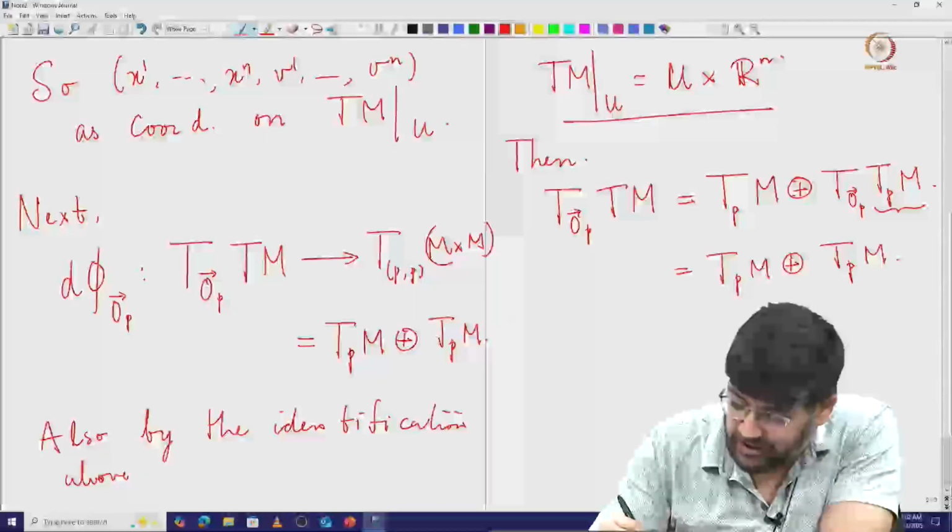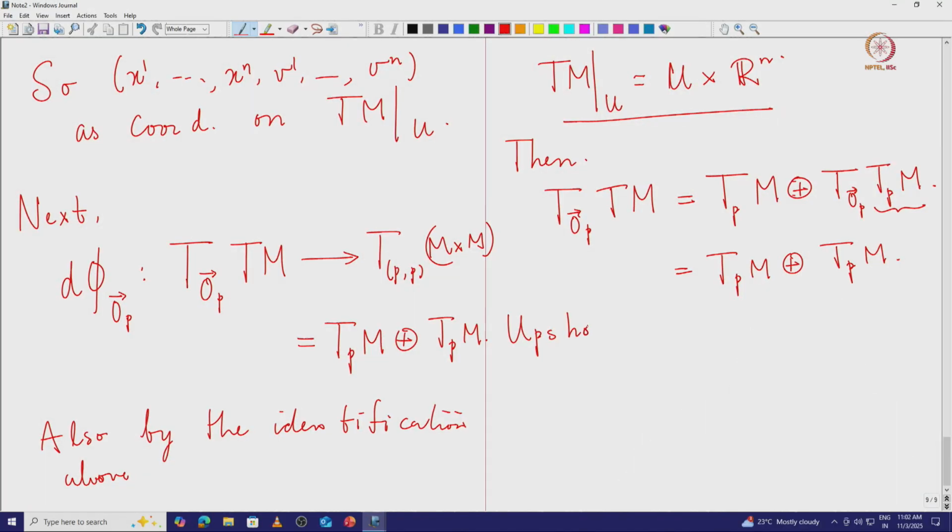So the upshot is that you can interpret the derivative map as simply a map from the direct sum of two copies of the tangent space at p to the direct sum of two copies of the tangent space at p.